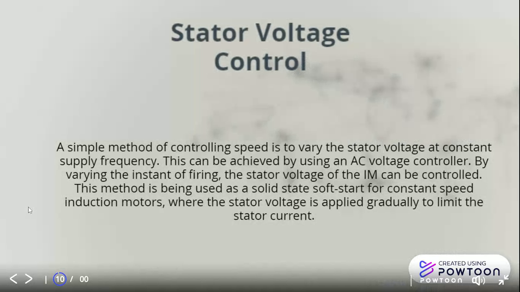Stator voltage control. A simple method of controlling speed is to vary the stator voltage at constant supply frequency. This can be achieved by using an AC voltage controller by varying the instant of firing. The stator voltage of the induction motor can be controlled. This method is being used as a solid state soft start for constant speed induction motors, where the stator voltage is applied gradually to limit the stator current.